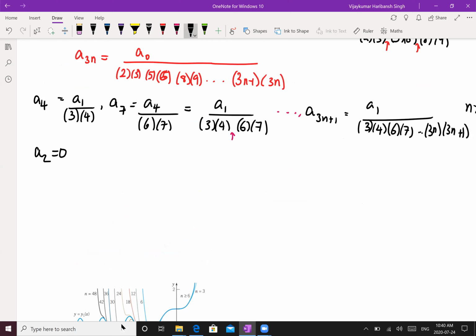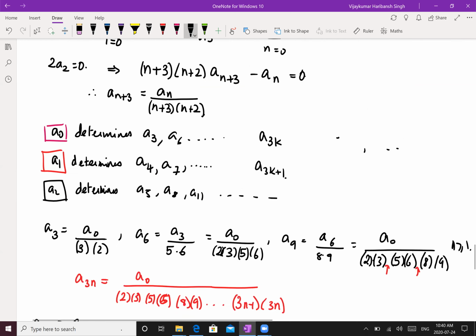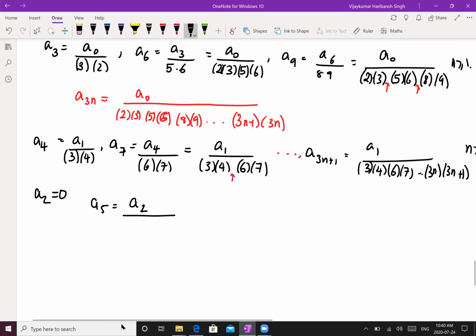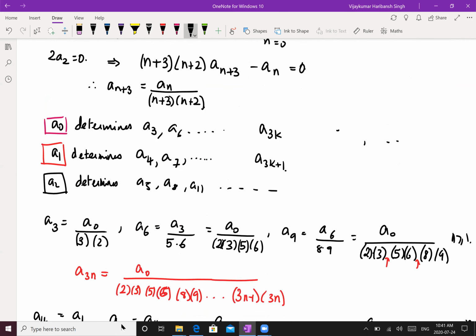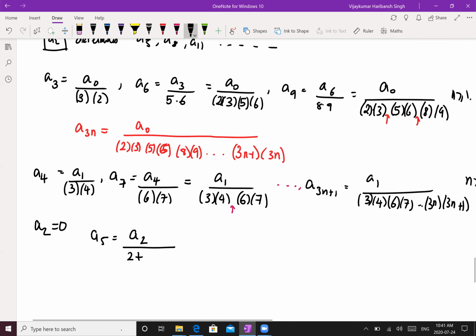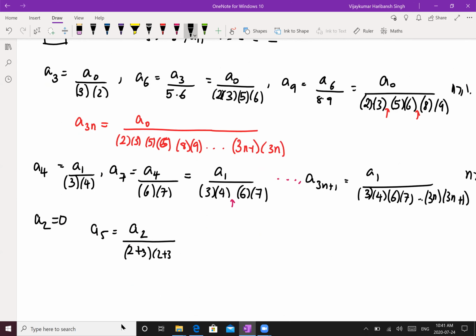So if A2 is 0, that means A5, which is A2 upon 2 plus 3 times 2 plus 2, is going to be 0. So similarly, A8, A of 3k plus 2, is 0 for all k greater than or equal to 1.